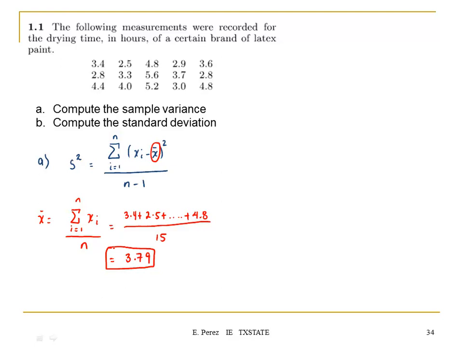So once you're able to read what this means, then you know how to proceed. So again, we are looking at the summation of the differences squared. So the easiest way to compute this is just to have a table. You can have xi, xi minus x bar, and xi minus x bar squared.